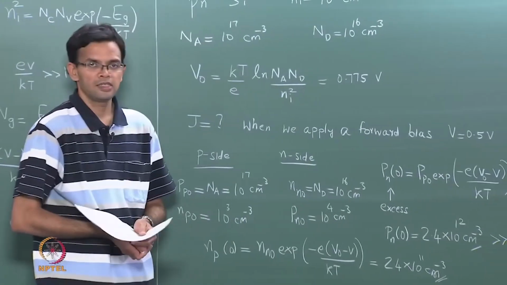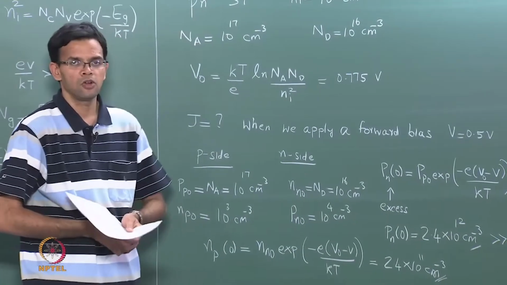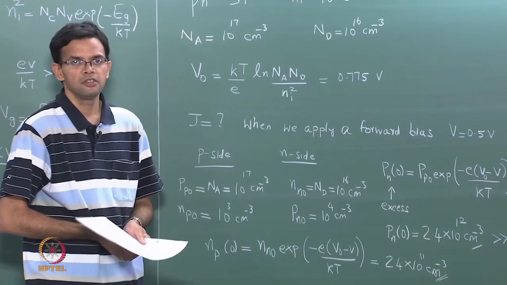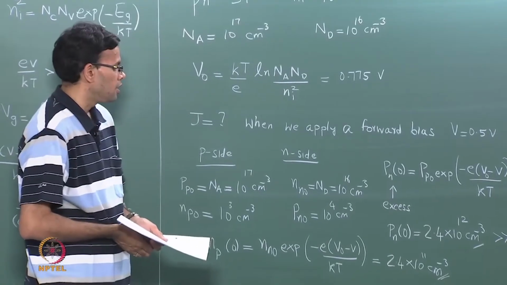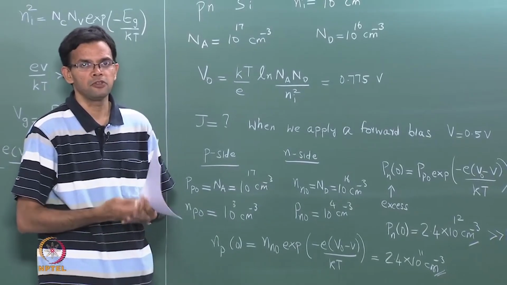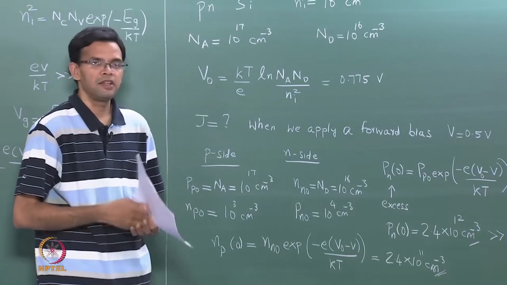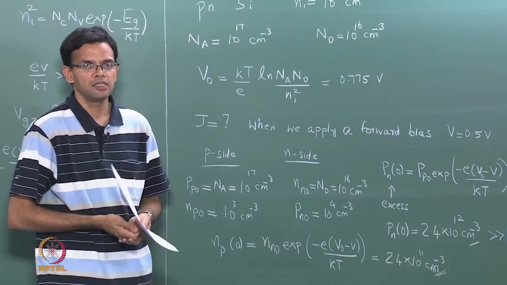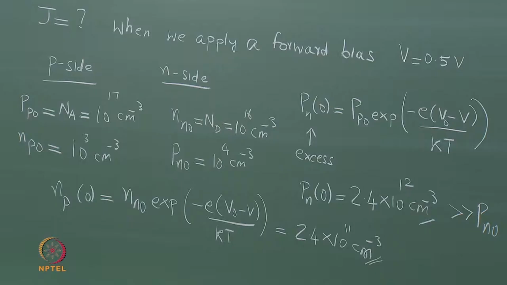So, these are the excess electrons and the excess holes that are injected due to the forward bias. Now, these are still minority carriers. So, ultimately they will diffuse through the material, they will recombine with the majority carriers and get eliminated.